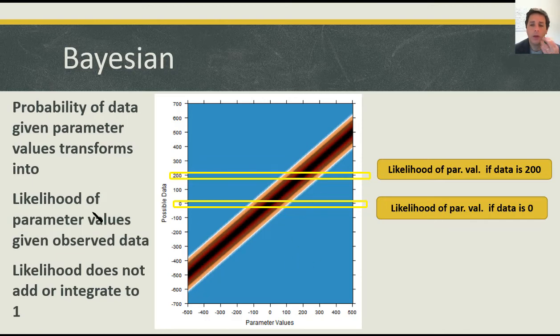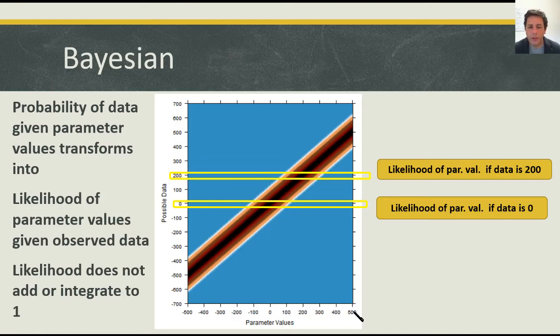But this is what is called the likelihood, and the likelihood is calculated by assuming, for each possible parameter value, and here we are saying that possible parameter values are from -500 to 500, so a large number of possible values. What is this?